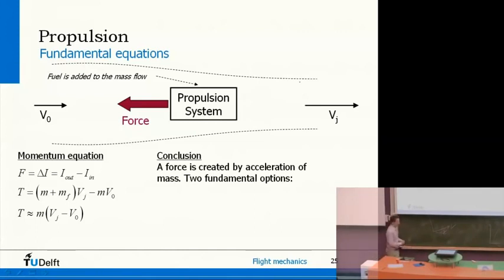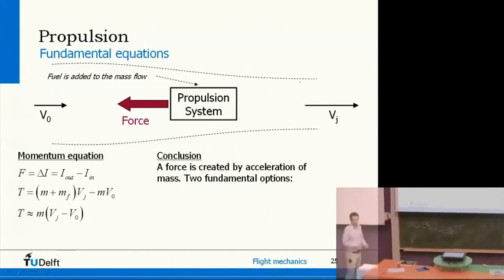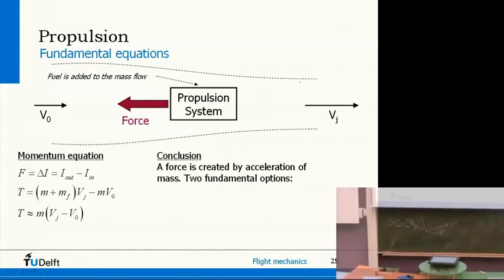And one important thing in this sheet is that when I talk about mass here, it's actually a mass flow. So the units here are kilograms per second. I could have put a dot on top of it, but it's a mass flow.